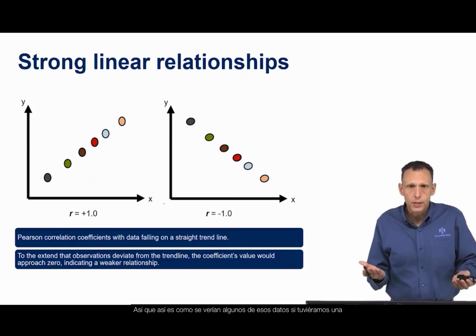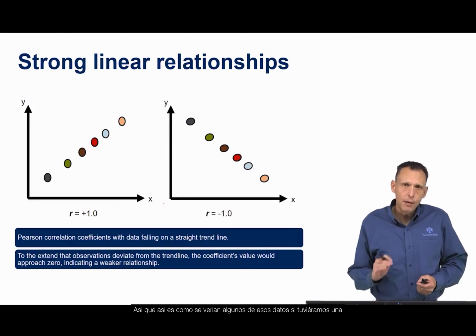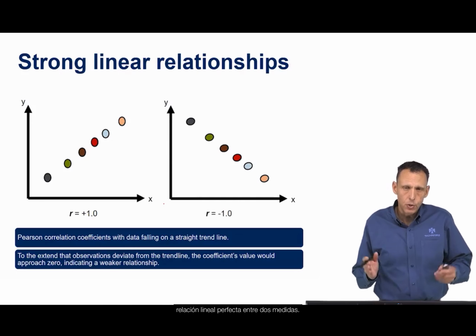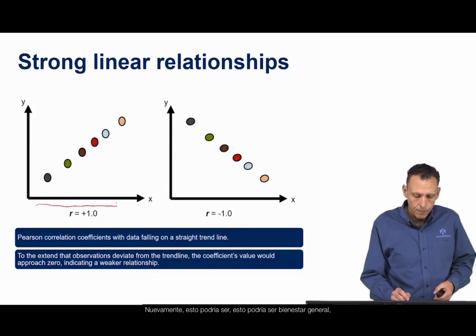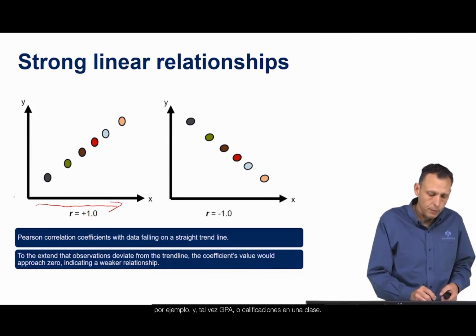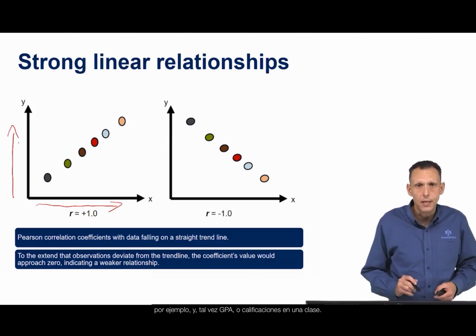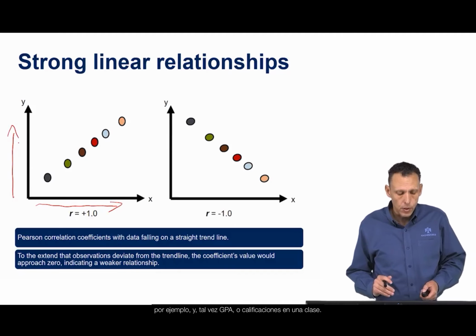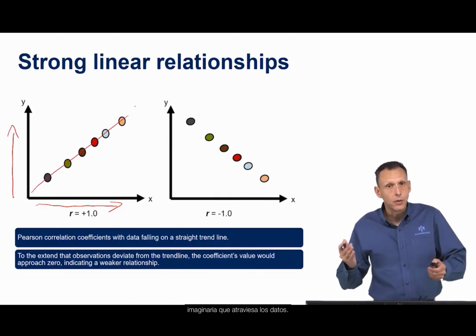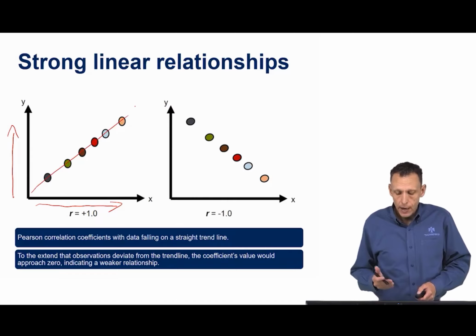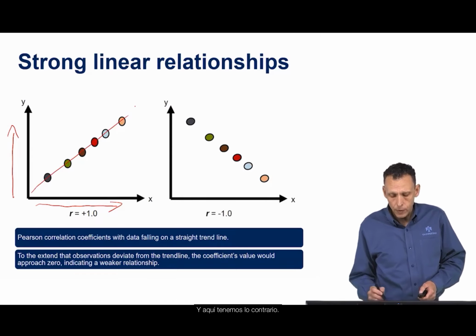So here's what some of those data would look like. If we have a perfect linear relationship between two measures, this could be general well-being, for example, and maybe GPA or scores in a class, every single observation would fall directly on an imaginary line that goes through the data. And we have the opposite going on over here.